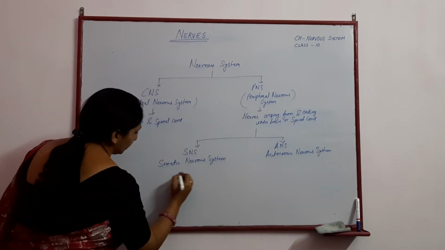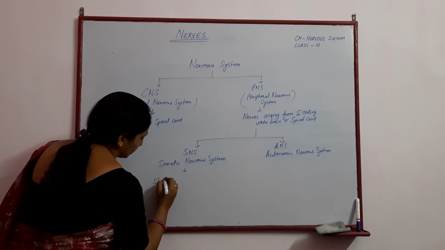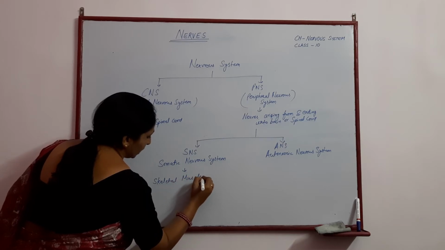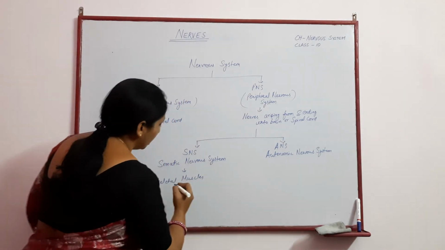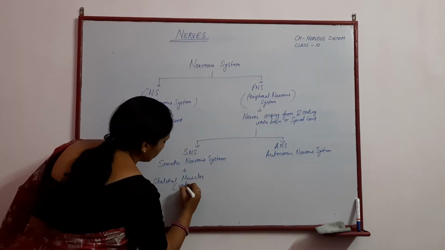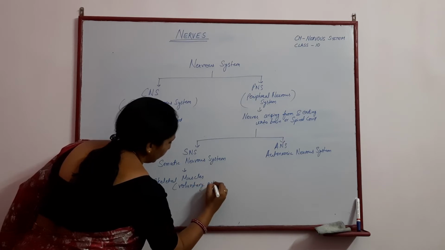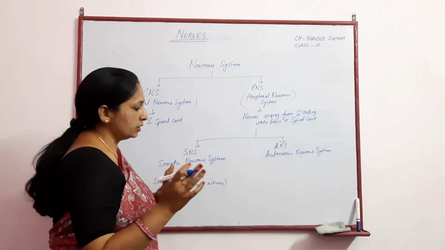The somatic nervous system conveys messages to the skeletal muscles. These skeletal muscles are in our control, so it basically controls all the voluntary actions. Voluntary actions are controlled by the SNS, or somatic nervous system.